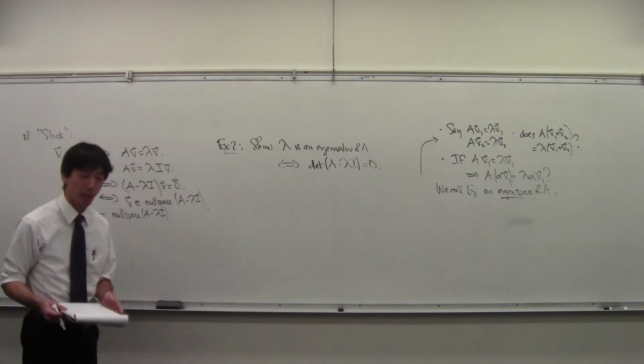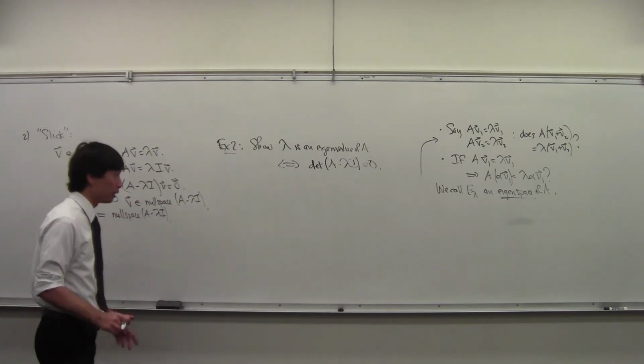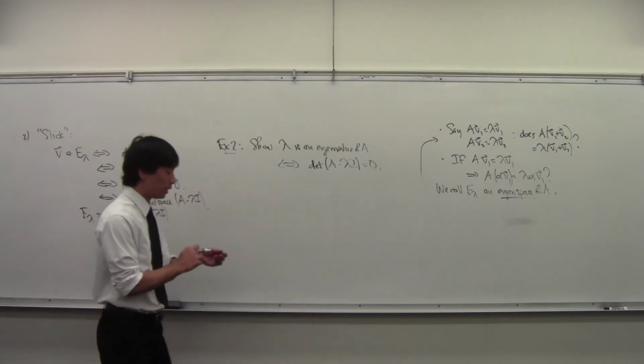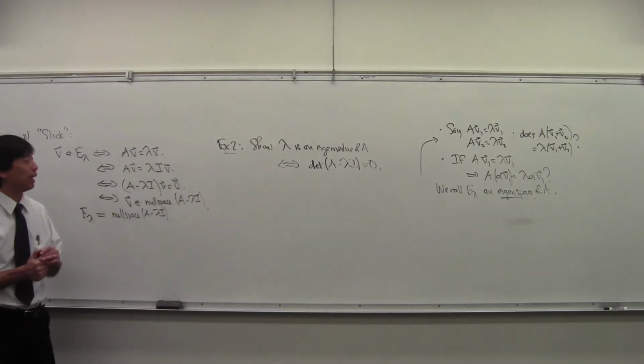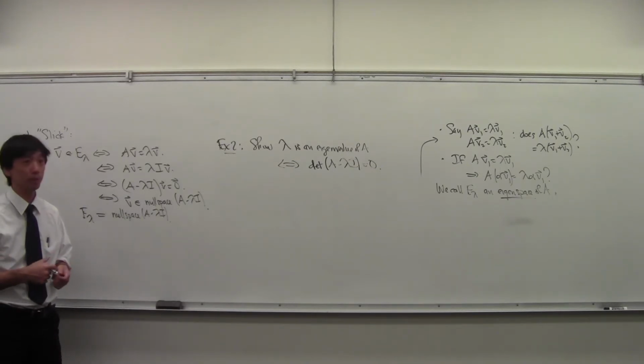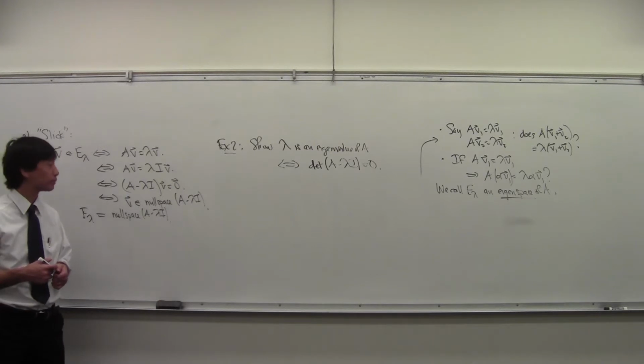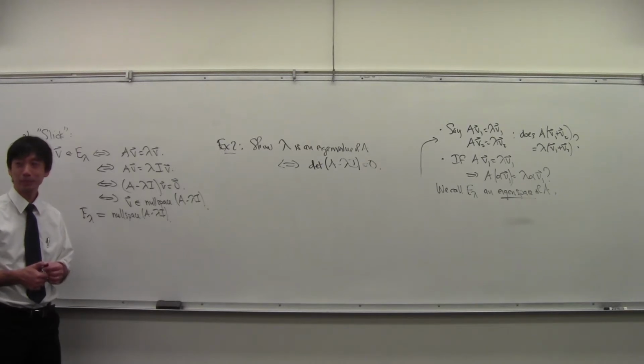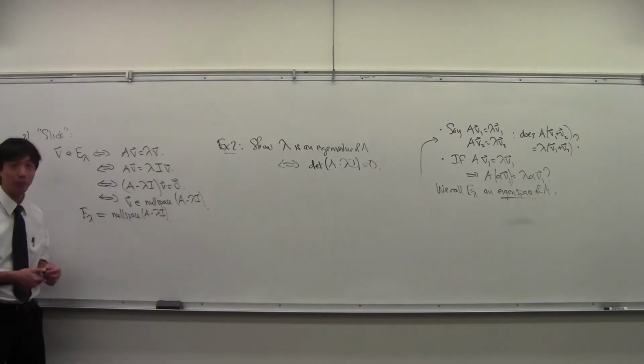Now think about why that's obvious. Why is it obvious that lambda is going to be an eigenvalue if and only if the determinant of A minus lambda I equals 0? Why does it seem reasonable?